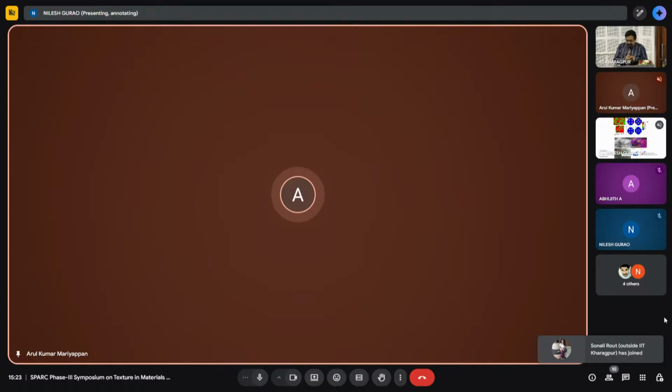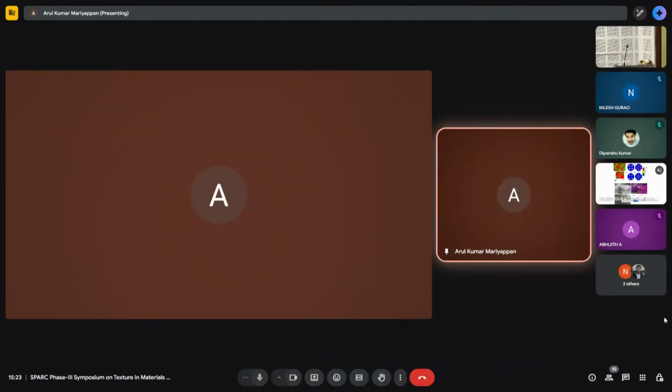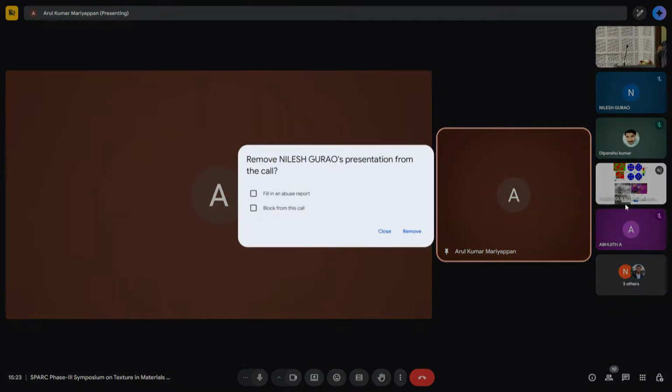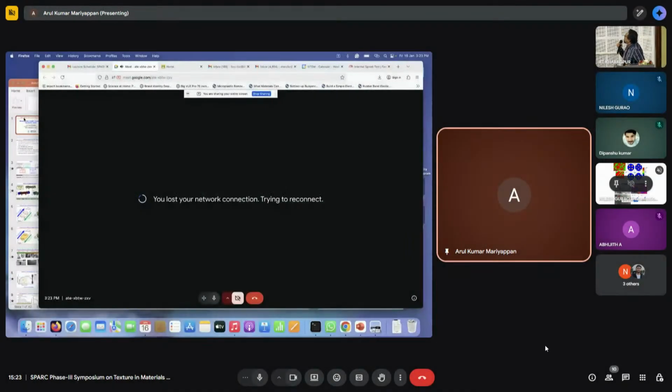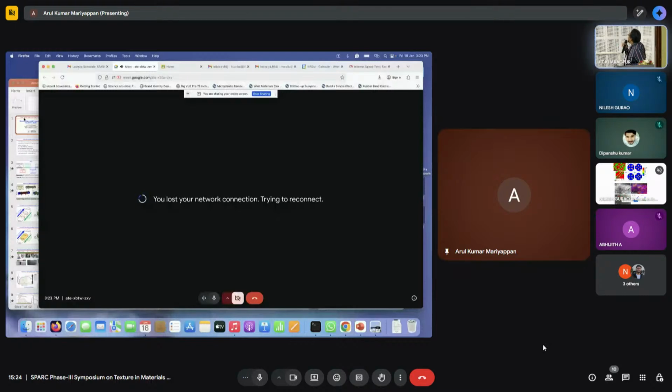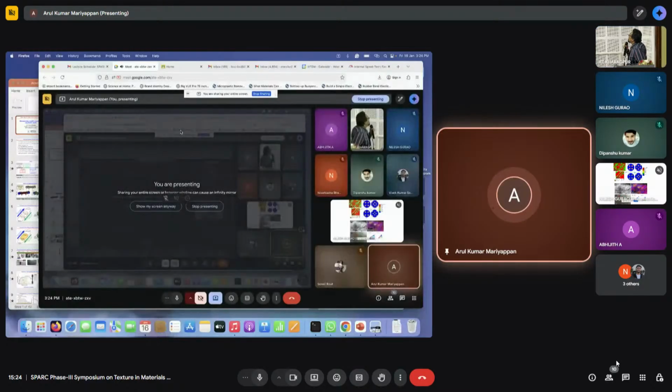Can you see my screen now? I think we can. Full screen. Can you see my screen? Yeah, you're sharing it. I have to ask you to bear with me for the internet connection because I'm on the road. Sometimes it goes off a little bit.